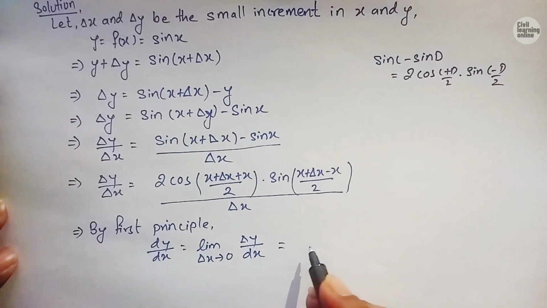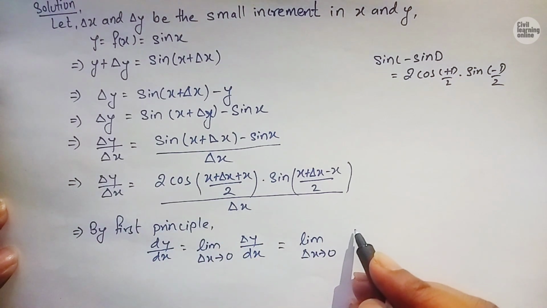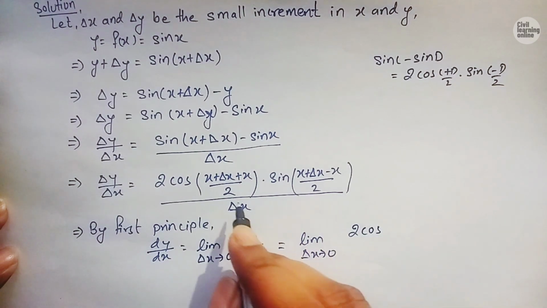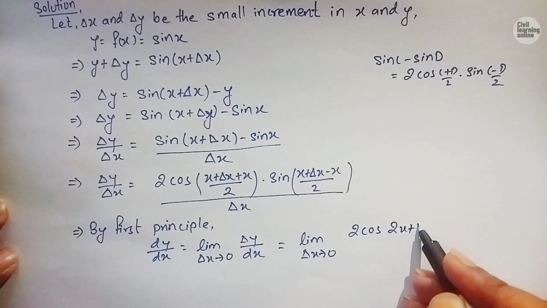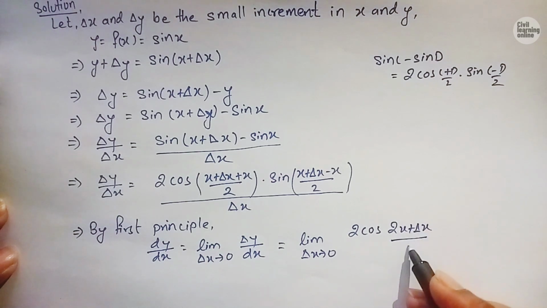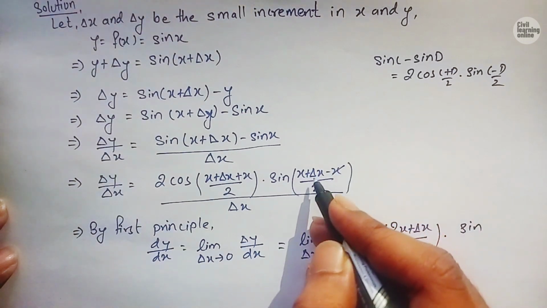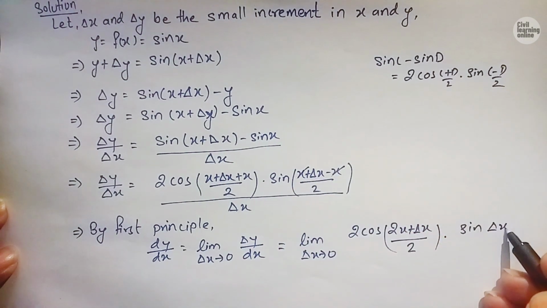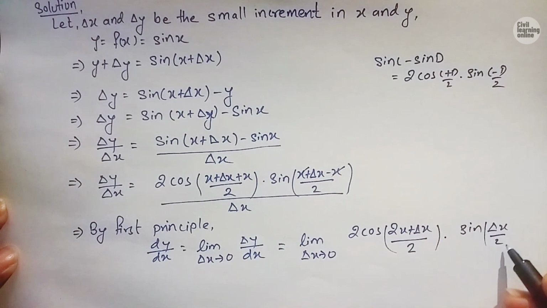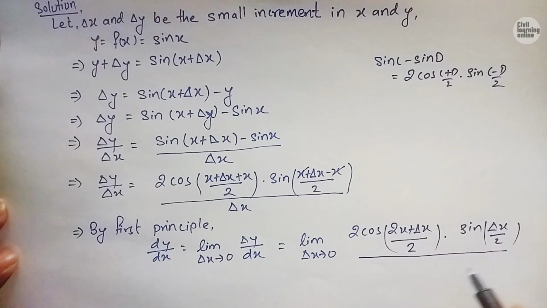equals limit delta x tends to 0 of 2 cos((2x plus delta x)/2) times sin(delta x/2), and x gets cancelled out, so delta x upon 2, divided by delta x upon 2 times 2.